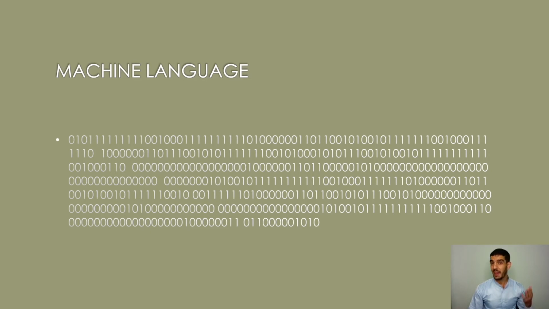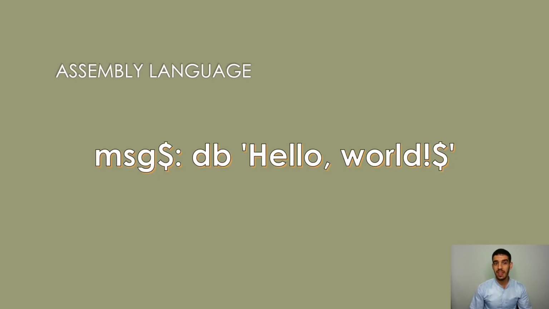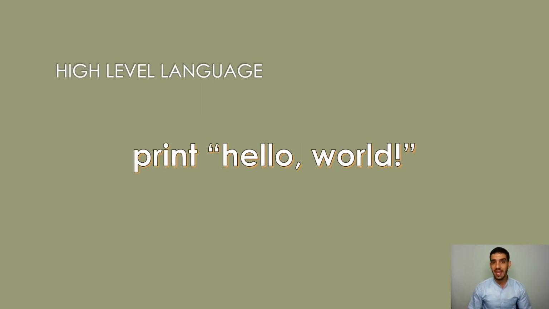Of course, at that time, it was beneficial. However, it needed some improvement, and that's what brought assembly language. So hello world could look something like this: MSG db, whatever, okay? However, in a high-level language, it will simply be print hello world. So I think now you can understand the difference between machine language, assembly language, and high-level language, all right?